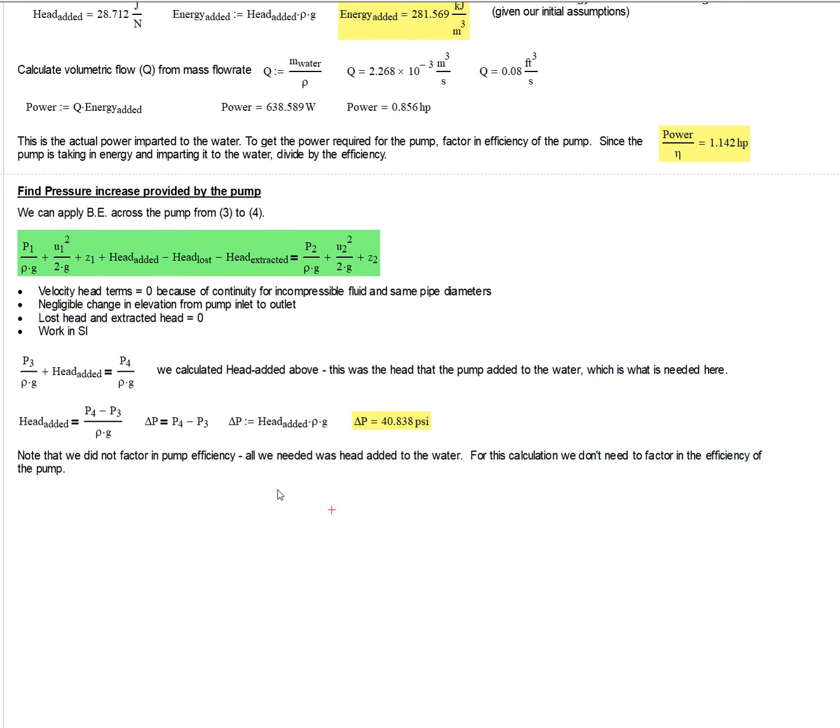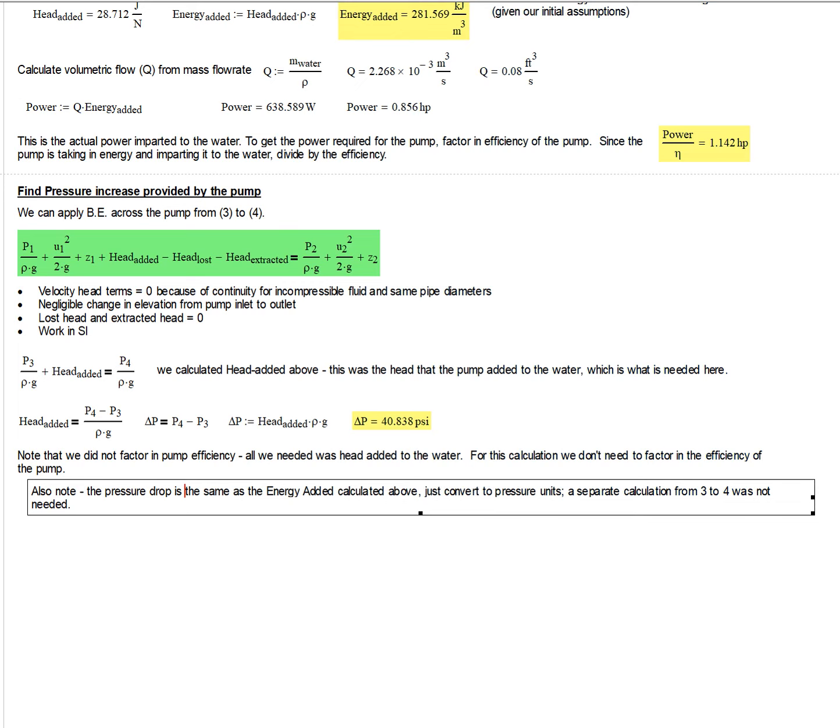Note that we do not have to factor in the pump efficiency. All we needed was the head added. Remember, the pump efficiency takes into account the inefficiencies of the drive shaft of the pump and the motor of the pump. All we're worried about is what's going on in our fluid. Another little note here is that the pressure drop is the same as the energy added.